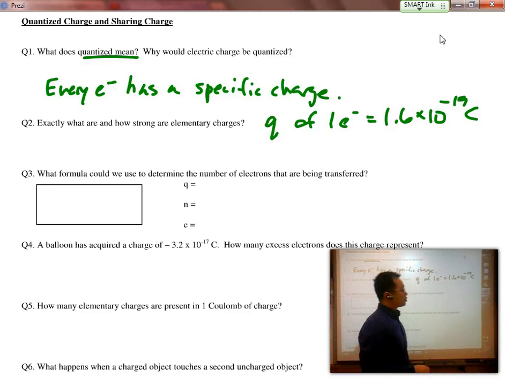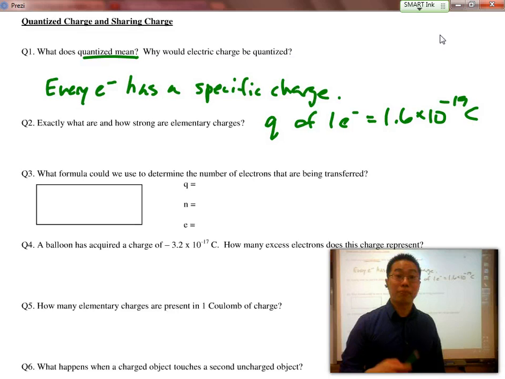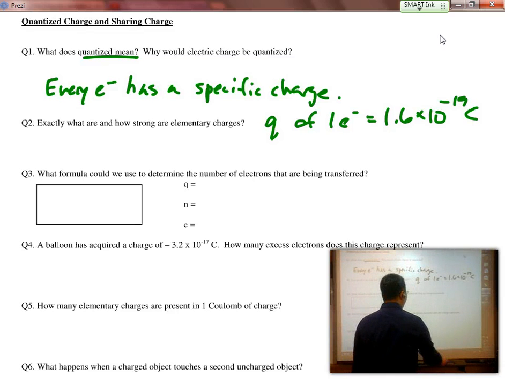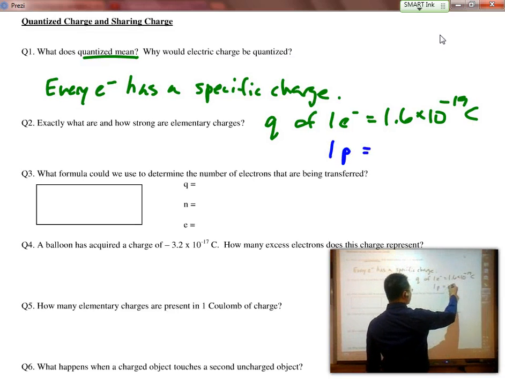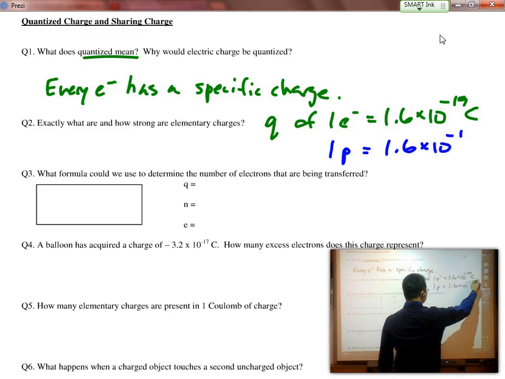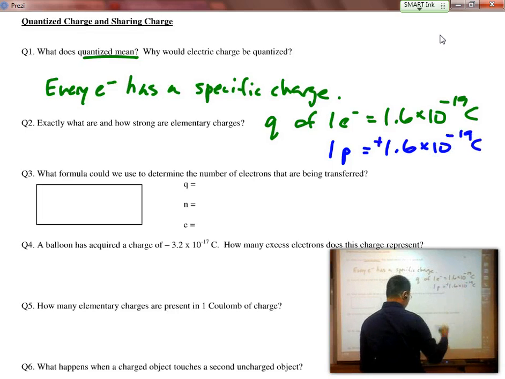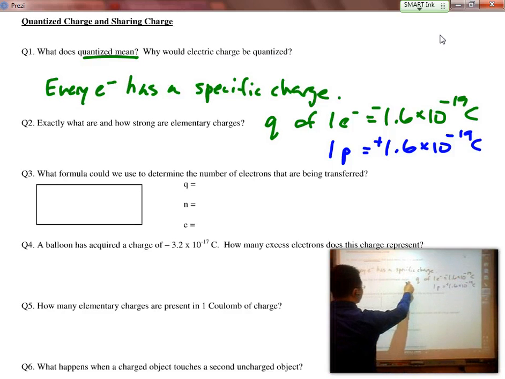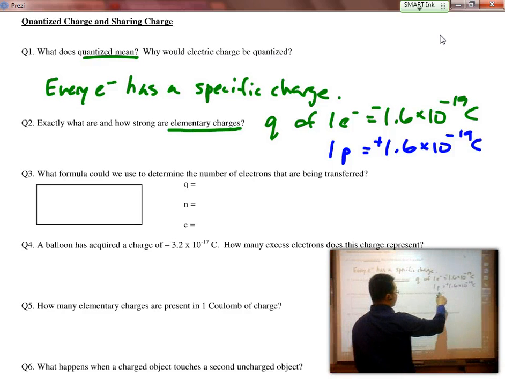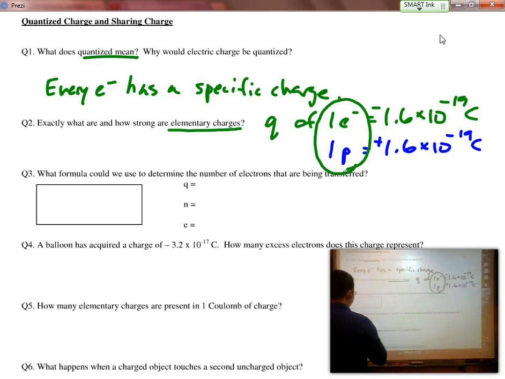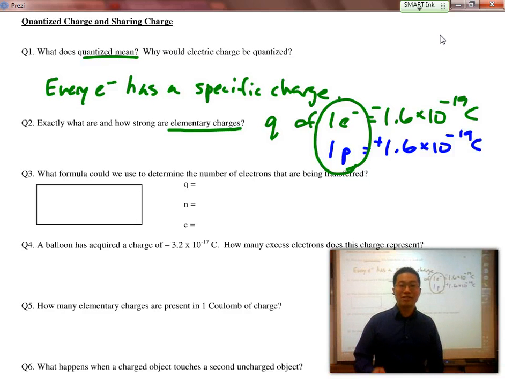Now, when I say the charge of an electron, that's also the same charge as a proton. Protons and electrons have the exact same charge. It's just that one is a positive charge and one is a negative charge. So whenever I use the word elementary charges, I could be referring to either electrons or protons. Now, the fact that charges are quantized means that every charge is created by a specific number of electrons.